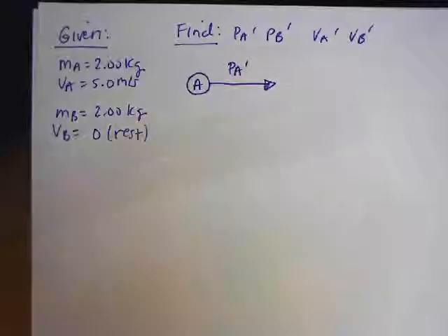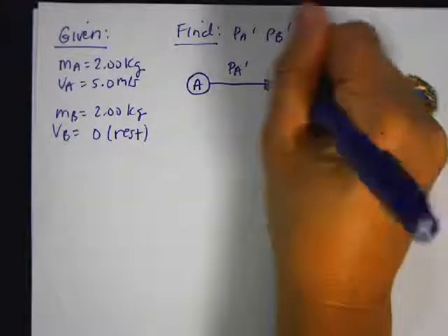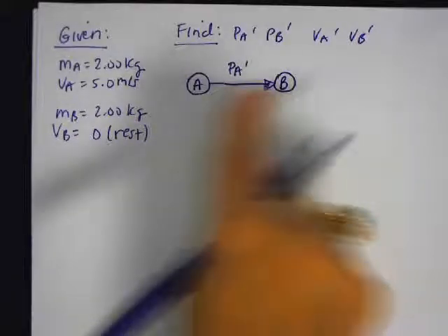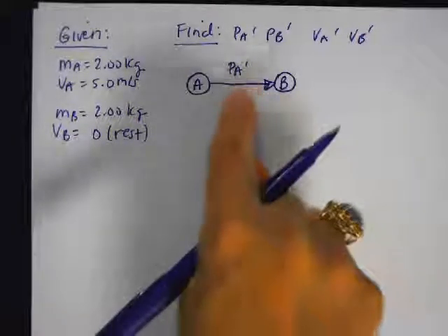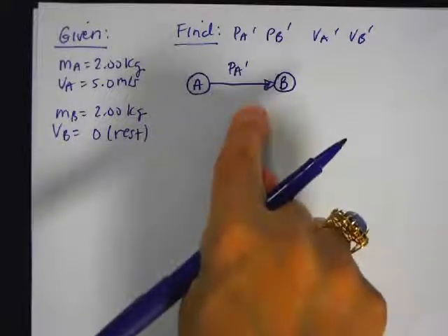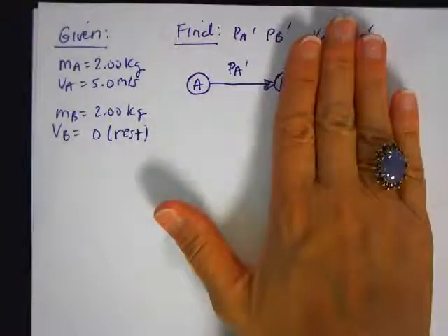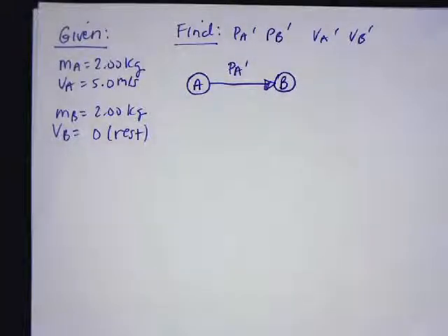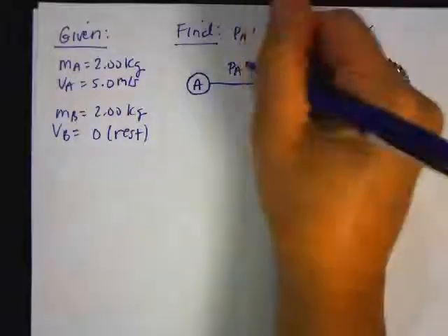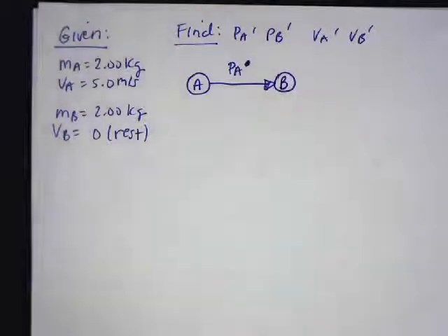So then it hits ball B, which is stationary. So this vector, PA, actually represents the total momentum before. Now, can I calculate? Oop, there's no prime here, it's just PA. So this is the total momentum before.